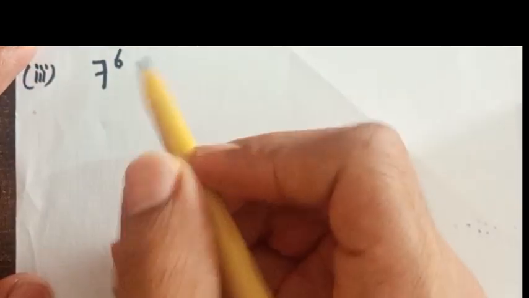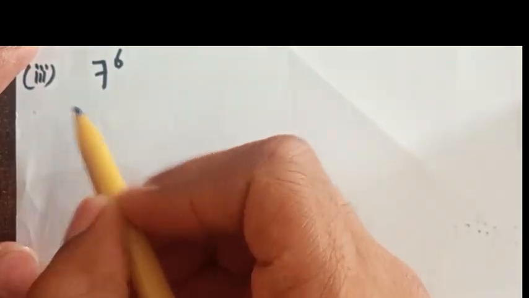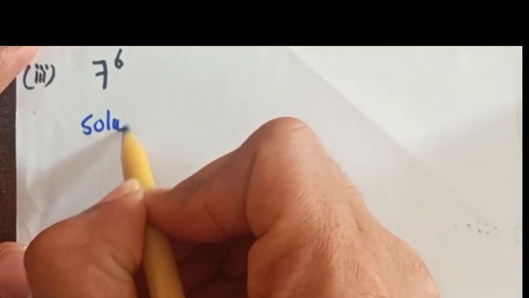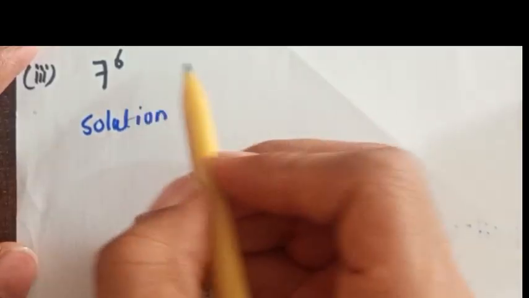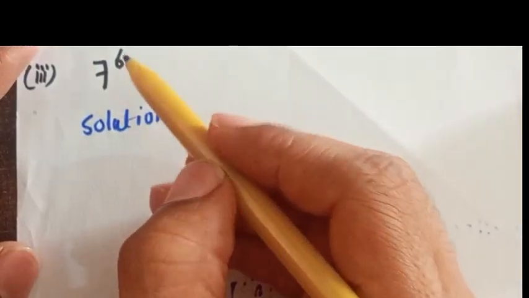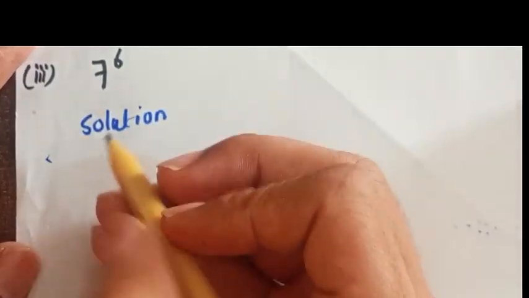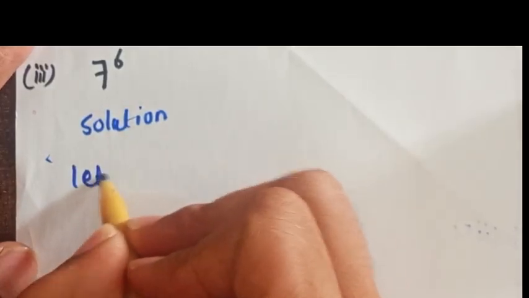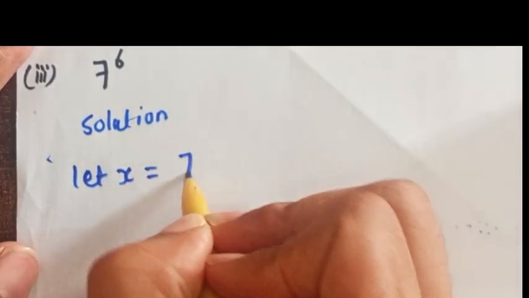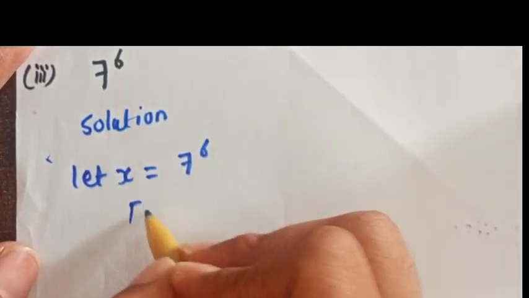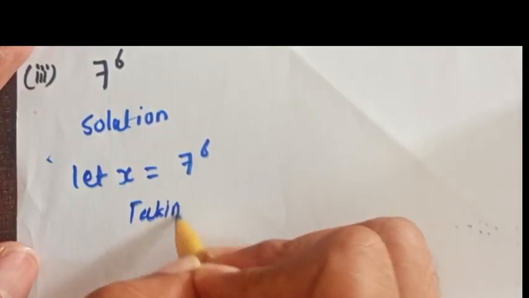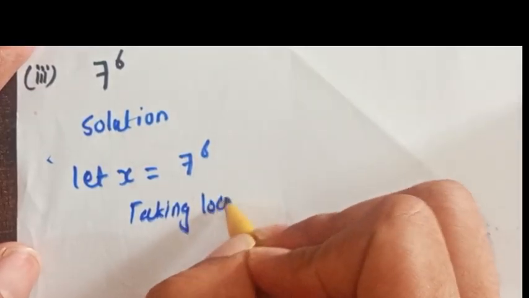Now come to another question, the third question, that is 7 power 6. Solution. I am supposed to find out the number of digits in it. So for number of digits I will take let x is equal to 7 power 6. Further I will take log both sides.